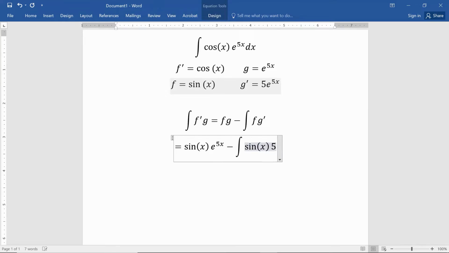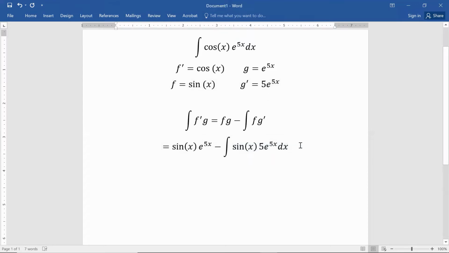G prime is 5 times e to the 5x. I still have a trig function times an exponential. We're going to, once again, utilize my f prime and my g.